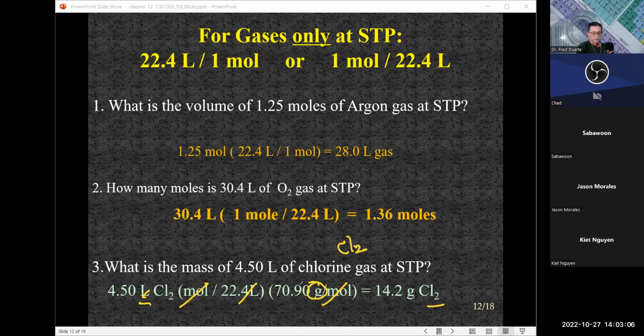Okay. So like I stated, we can't go directly from liters to grams. Can't do that. We have to go through moles.